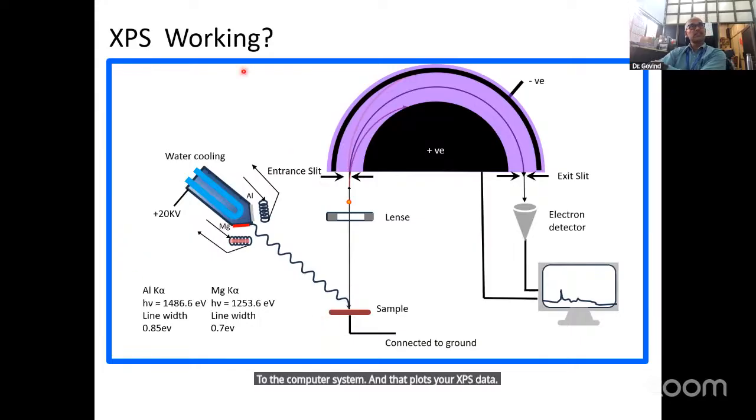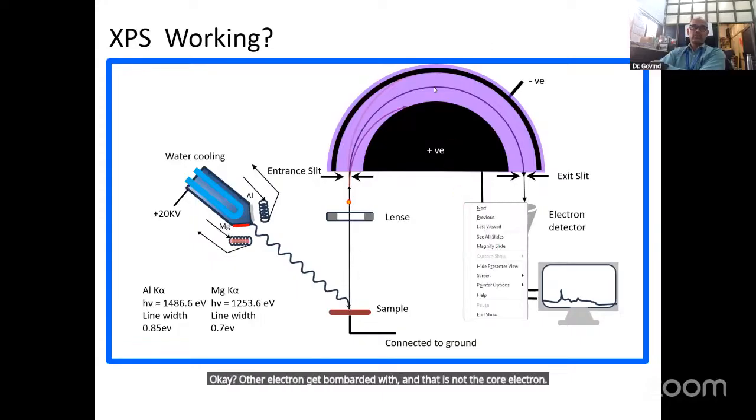This is the general mechanism of what happens inside when we do XPS analysis. Only electrons with a particular velocity pass through that slit. Other electrons get bombarded, and those are not the core electrons, because a core electron has a particular energy that comes out from the sample.